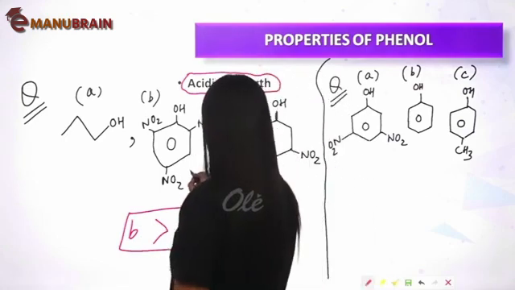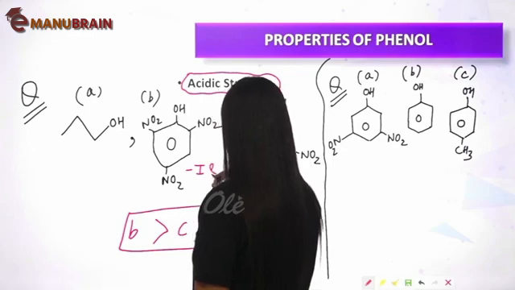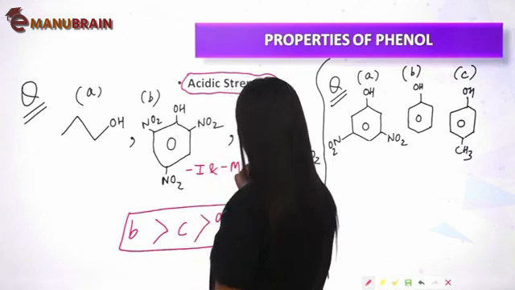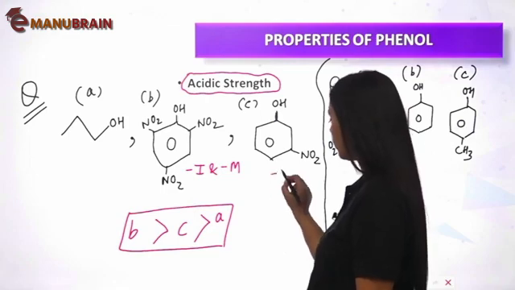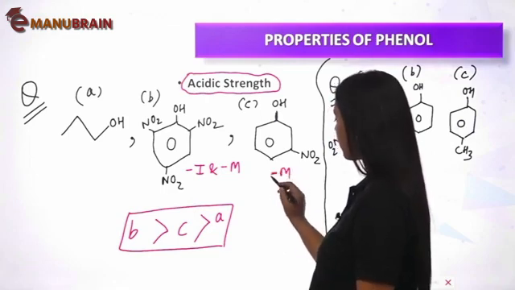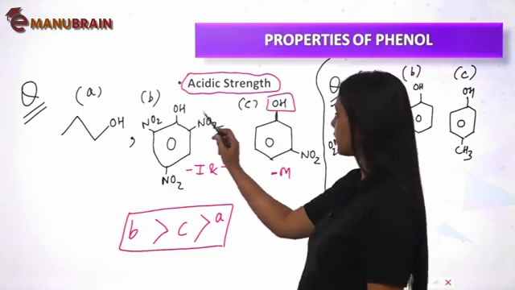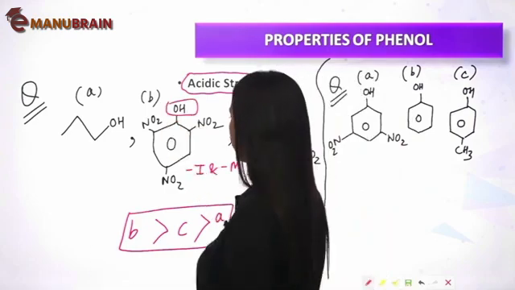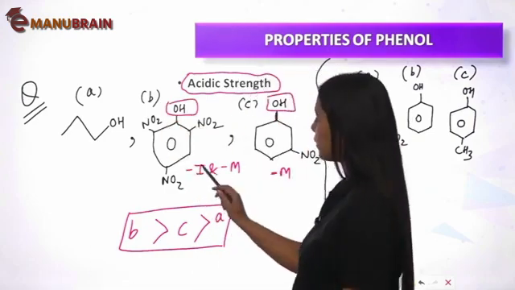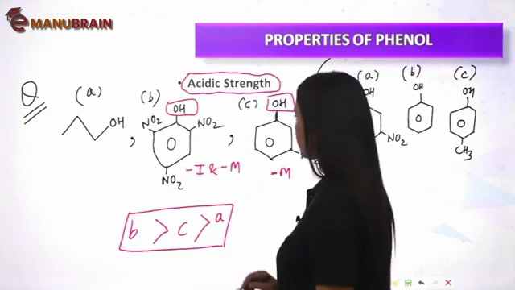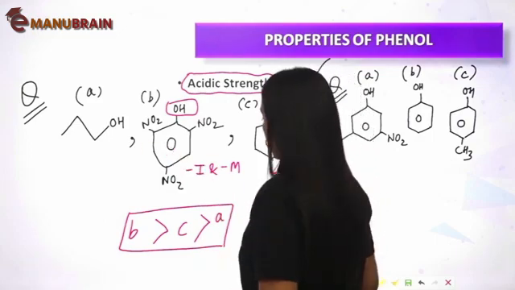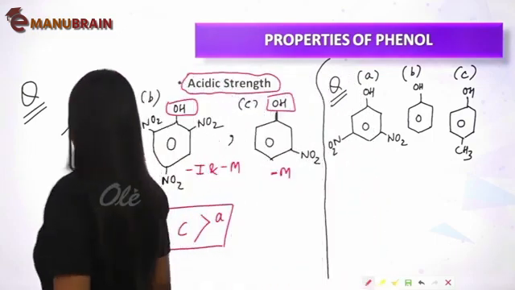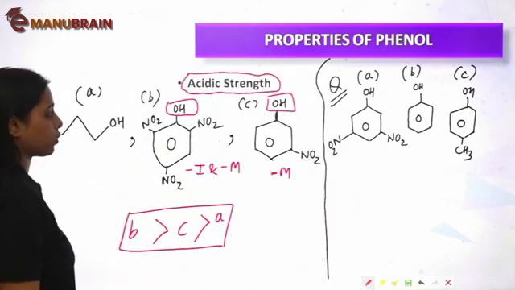Why? Because it will show minus I and minus M effect, whereas this metanitrophenol will only show you minus M effect. We are seeing this in terms of OH only, okay. So that is why B is more, and then this C, because it is aromatic, and last one is A. So this is your decreasing strength of this question.